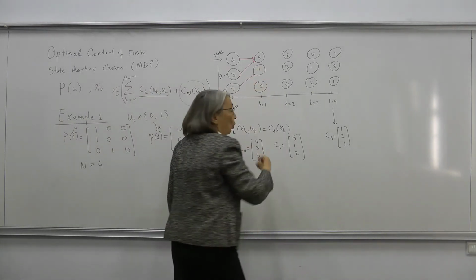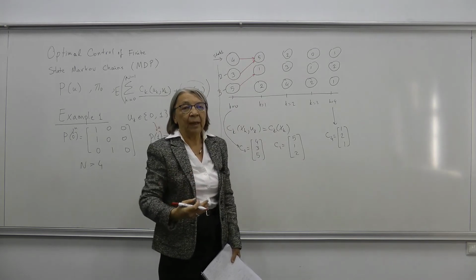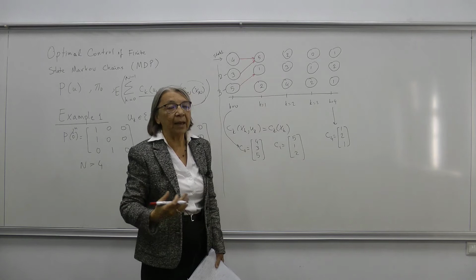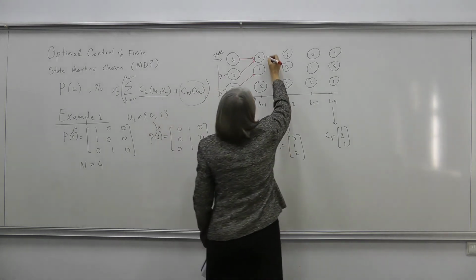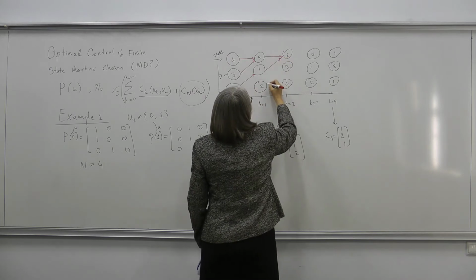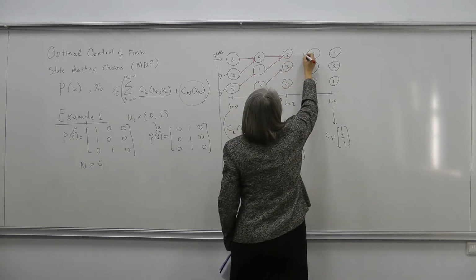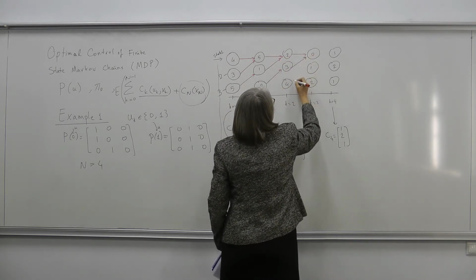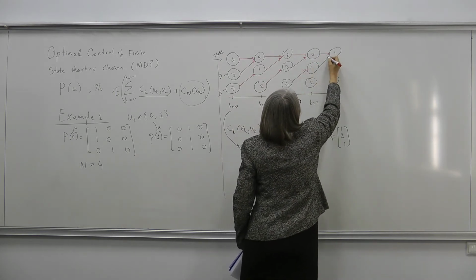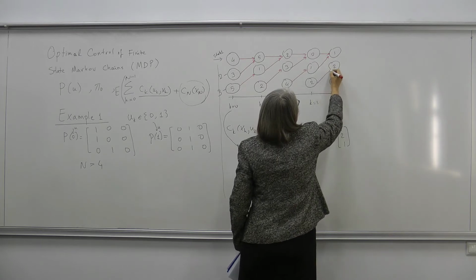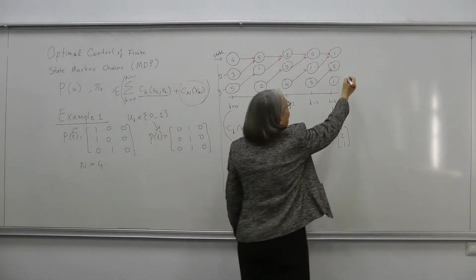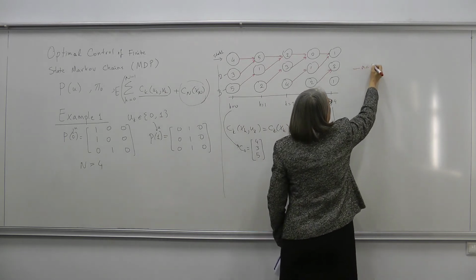And since our P matrix is invariant in time, I mean that we will apply the same P exactly for all times, so the same pattern will repeat itself. So the red line corresponds to U equal to 0.